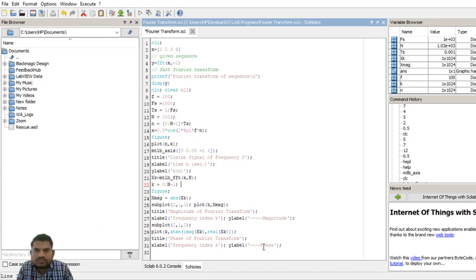Now this is a program to get the fast Fourier transform output for any given signal. Now I save and execute this program.